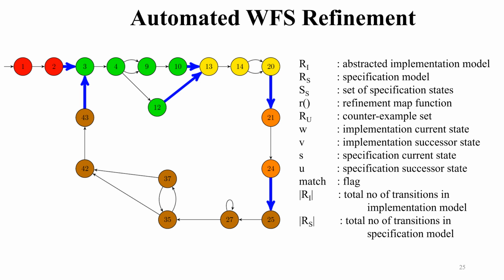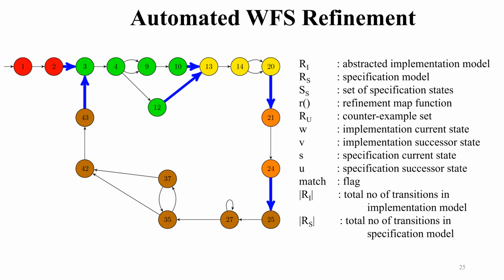Before we dwell into the algorithm, there are certain terminologies that have to be known. RI is the abstracted implementation model as shown on the left. RS is the specification model. SS is the set of specification states. R is the refinement map function.